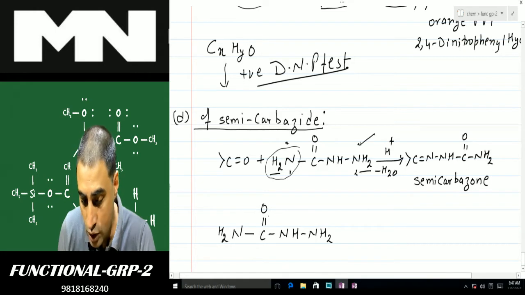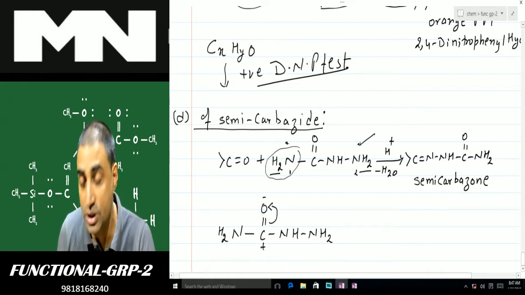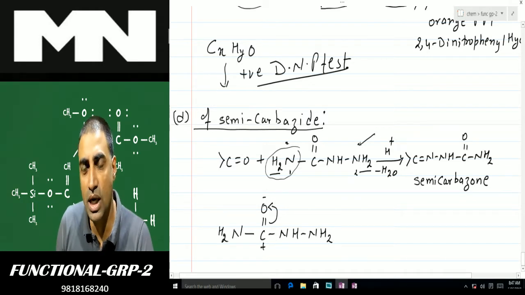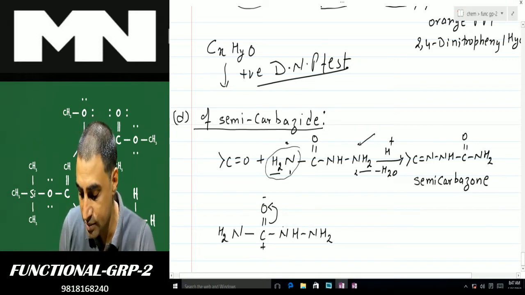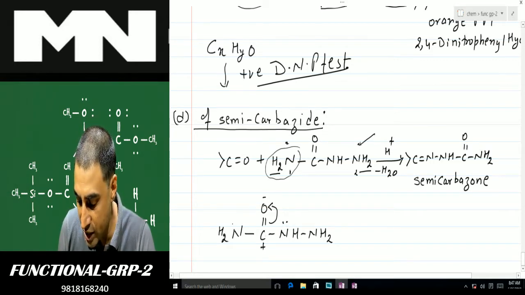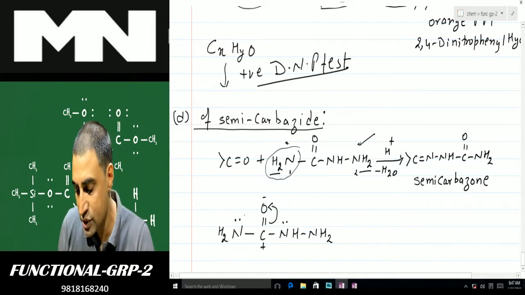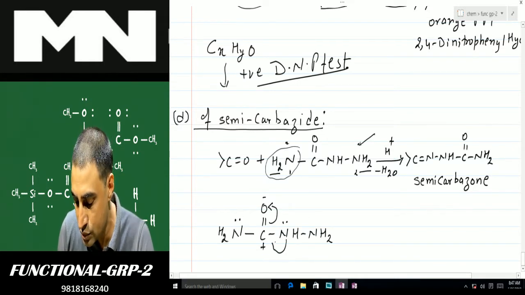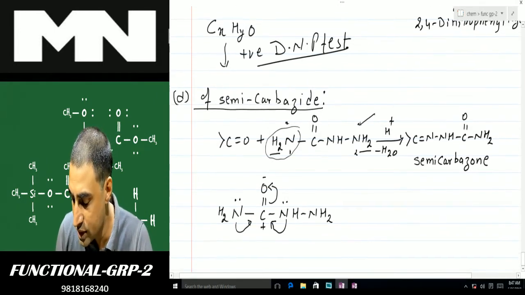The pi electrons move toward oxygen, so oxygen acquires a negative charge and carbon acquires a positive charge. Since carbon acquires a positive charge, it becomes electron withdrawing in nature. So it withdraws electrons from the neighboring nitrogen atom. That means the lone pair of electrons of this neighboring nitrogen atom is in continuous resonance with this carbon. I'll show you those resonating structures also.